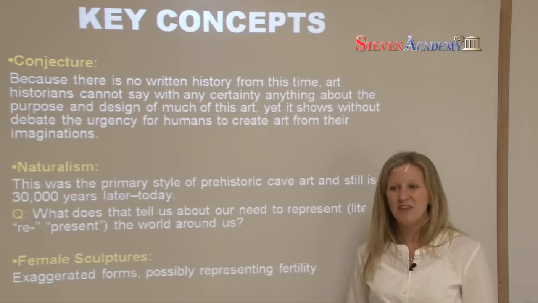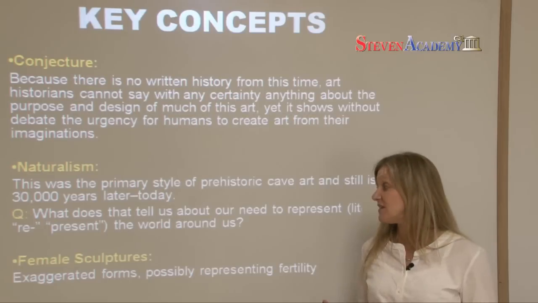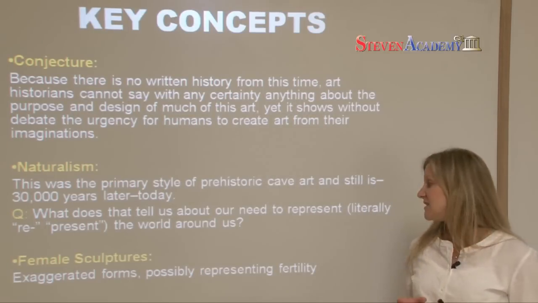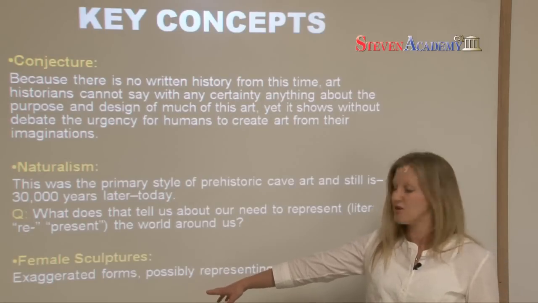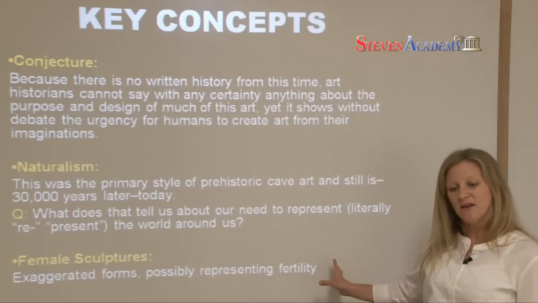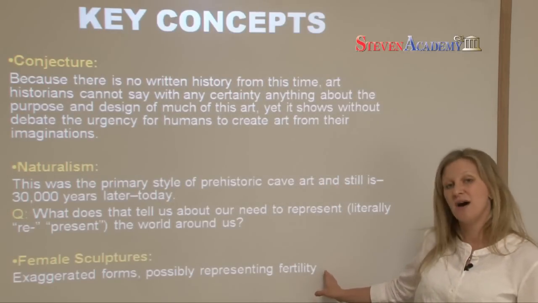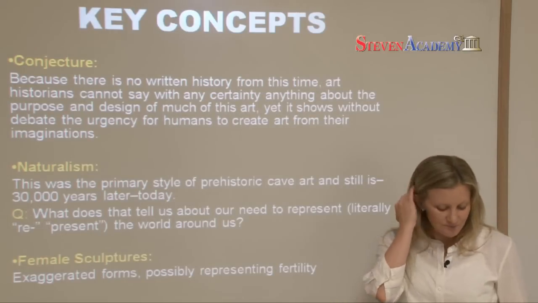We don't know if it comes from some sort of occult belief, if they're fertility figures. We do not know, but one thing we do know is they all have these things in common: exaggerated forms, and we'll take a look at that in the next slide, which conjecture-wise leads us to believe that it's possibly a representation of fertility.